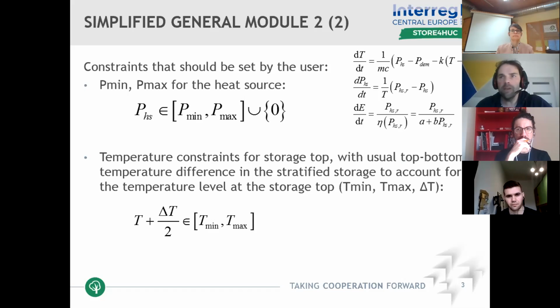And since in this simplified model we are modeling our storage as a storage with one temperature, let's say a mean temperature, actually representing the overall power contained in this storage, equivalent to the overall energy contained in the storage, we need to somehow install a constraint for the temperature at the top of the storage.